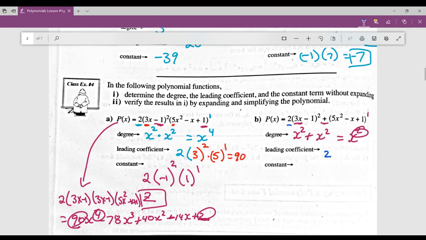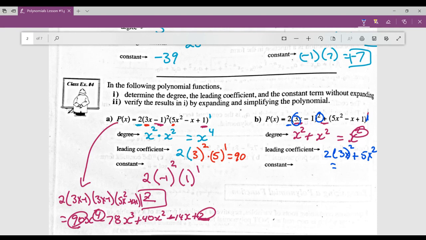So the 2 times 3x raised to the power of 2 plus 5x squared, and that's raised to the power of 1. That should have an x there.